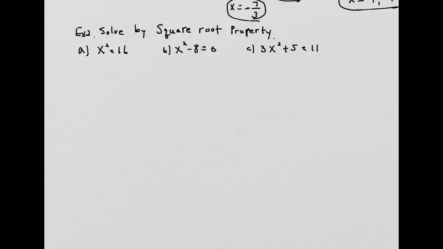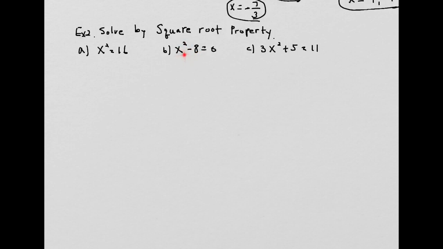Okay, this time we want to solve quadratic equations by the square root property. Example A, we have x squared equals 16. We need to remember that in order to use the square root property, one side has to be only the squared term. So in this first problem, the left side has to be only the value with the square. If I have anything else, then I need to start by isolating the term with the square. For example, in the next one, I have x squared minus 8.